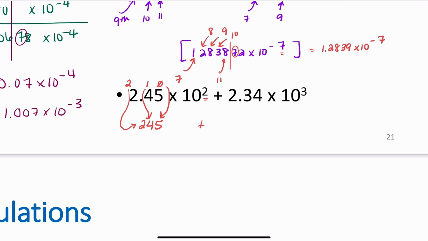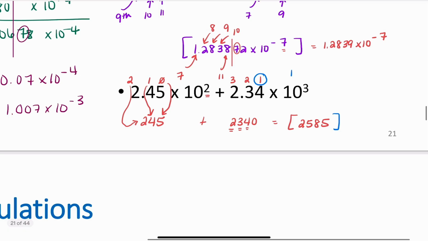Plus 2.34 times 10 to the third, 3, 2, 1, same as 2340, okay? The thousands place, the hundreds place, the tens place, and it doesn't have a value at the ones place. When I add these together, I get 2585, but notice that this is only the least precise to the tens place. The 1, which is 10 to the 1, and 10 raised to the 1 is a 10.